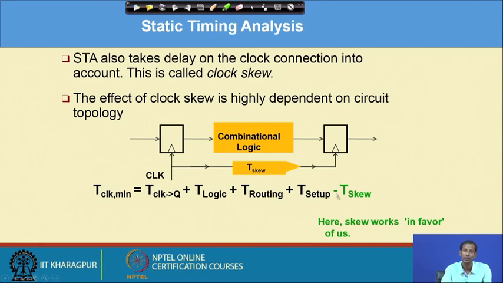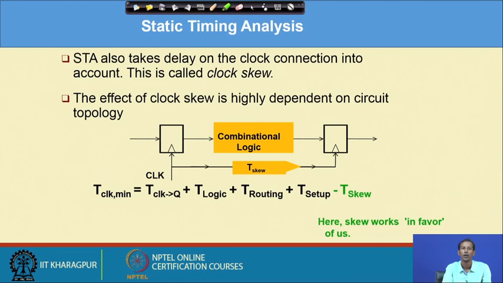And the clock skew you can get from the information provided to you. So all this information is already stored in the library. The tool fetches that data, computes based on this equation, and shows you that this is the minimum clock period requirement for your design.